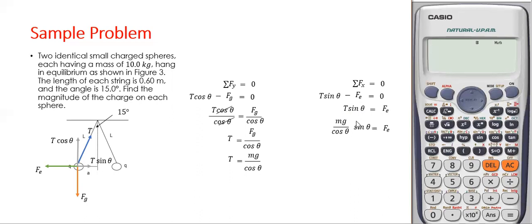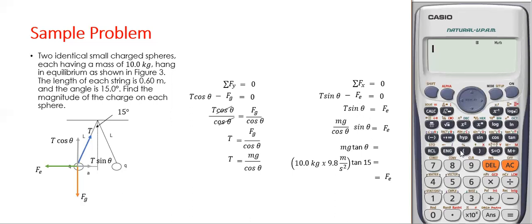Now, mapapansin natin you have sine theta over cosine theta and that is equal to tangent theta. So electric force is equal to mg tangent theta. Now let's plug in the values. For the mass of the object, we have 10 kilograms times 9.8 meters per second squared times tangent 15 degrees.